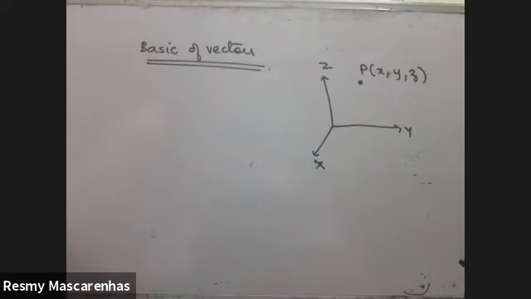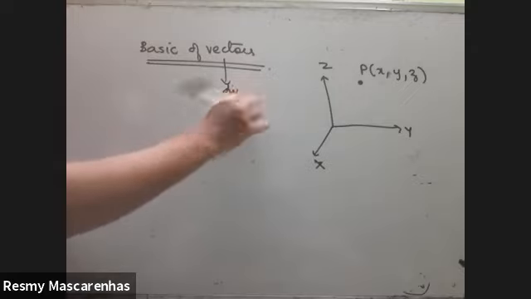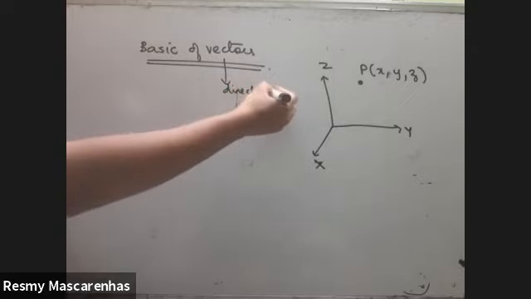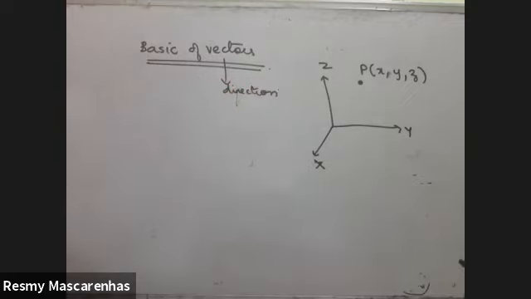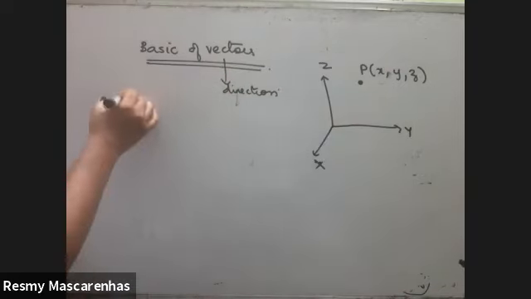We can convert any point into a vector. A vector is nothing but a direction. Vector means it is some kind of direction. So along the x-axis, you have some fixed vectors.